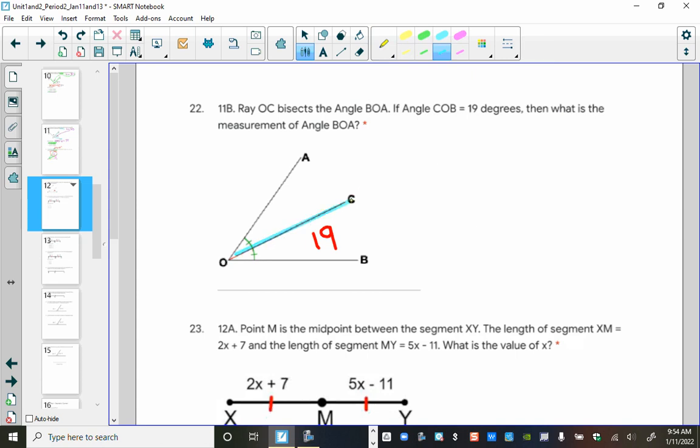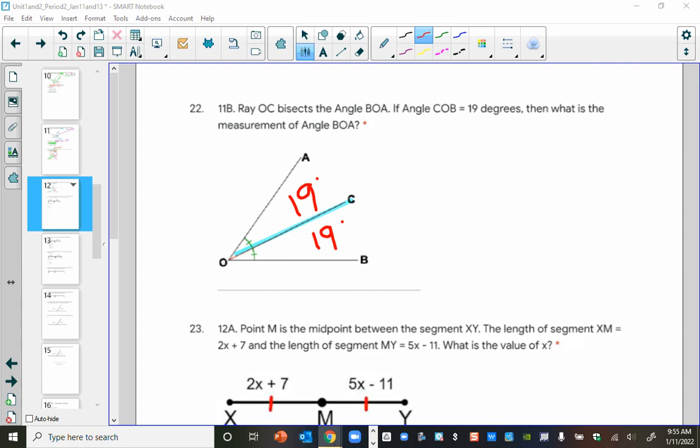That means this other angle, which we found out from before, was also 19. Now, they want the measure of BOA.